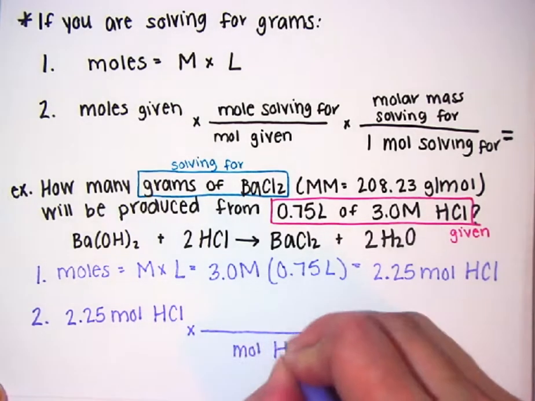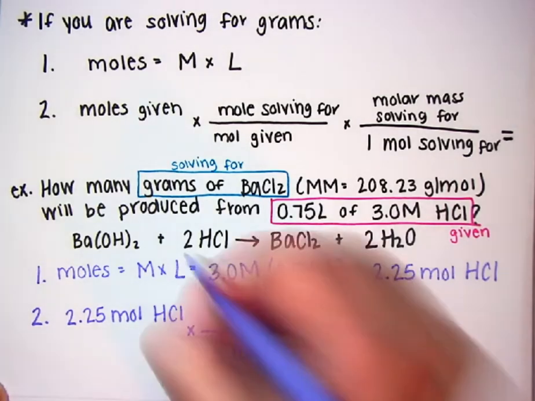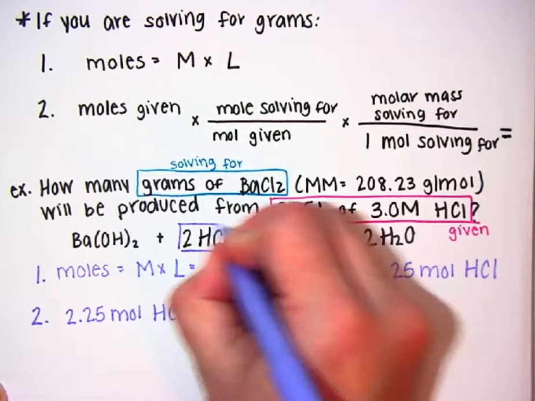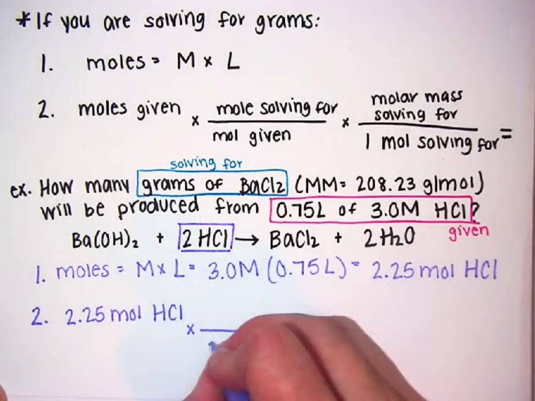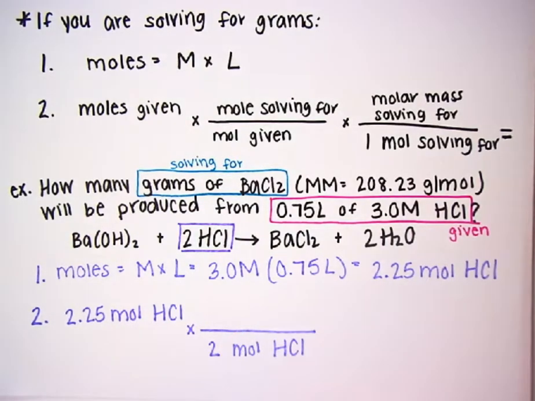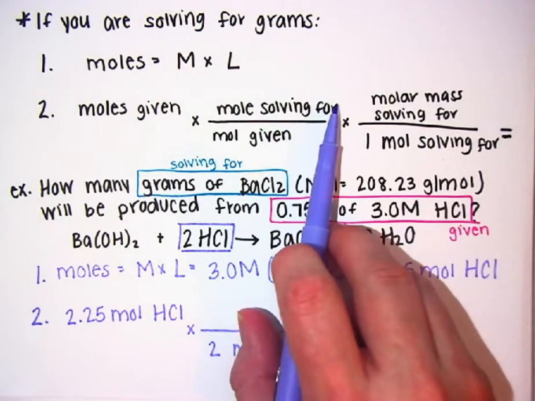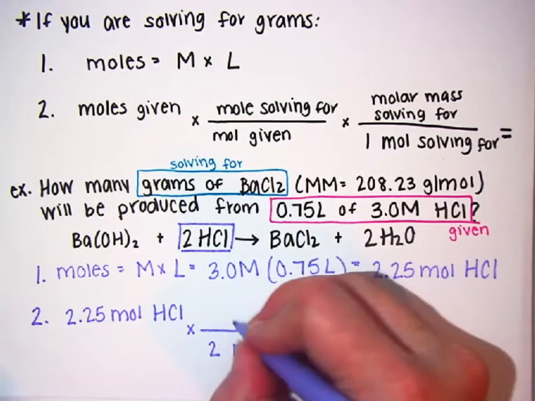Again, my given is HCl, and the way that we figured out the number of moles is by looking at our balanced chemical reaction. HCl has a coefficient of 2, so I have 2 moles HCl. In the numerator, we're going to put moles of whatever we're solving for. I'm solving for barium chloride.